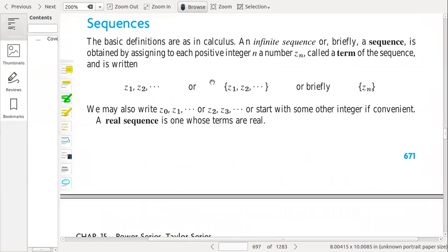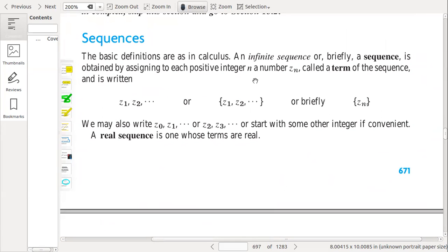But we want to read the basics and the easy mathematics for computer scientists. So that's why sequences, the basic definition are as in calculus. An infinite sequence, or briefly a sequence, is obtained by assigning to each positive integer n a number zn called a term of the sequence and is written as z1, z2, and so on.